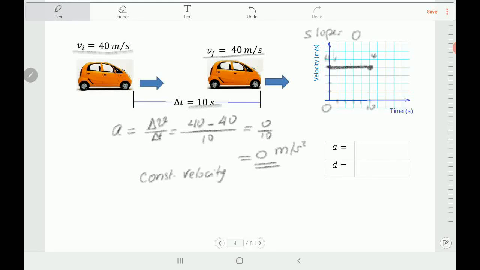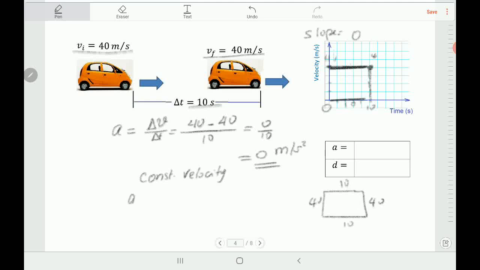What about the distance? Of course there is a distance, but this is very simple. The area under the curve. When you draw it like that, it will be a rectangle. The length is 10 seconds, so you have 10 and 10, and 40, 40.